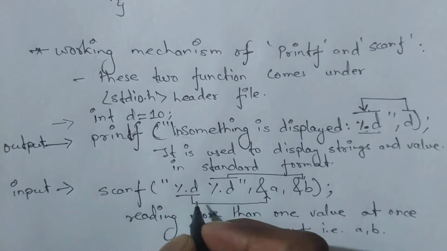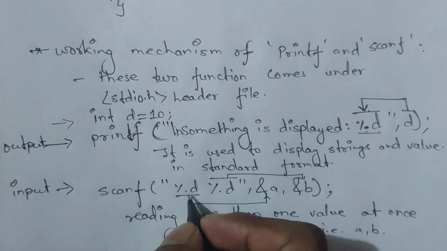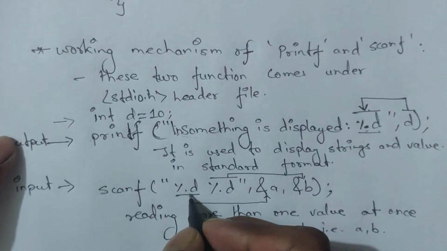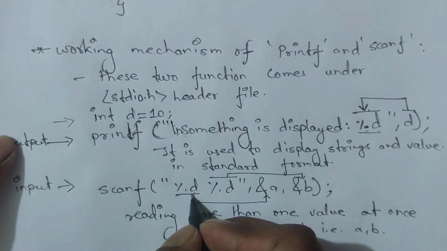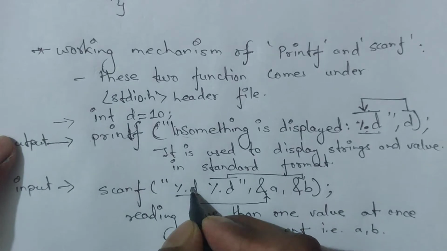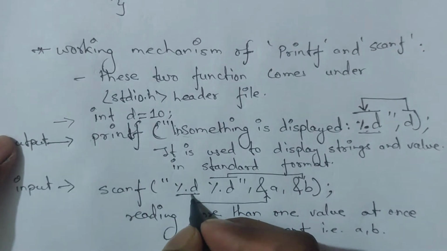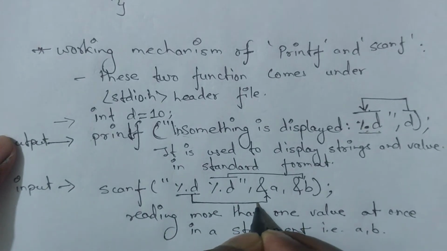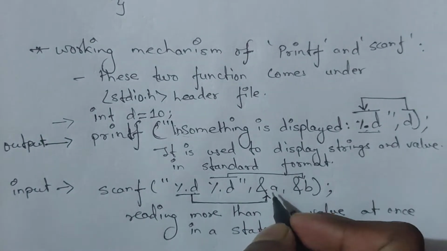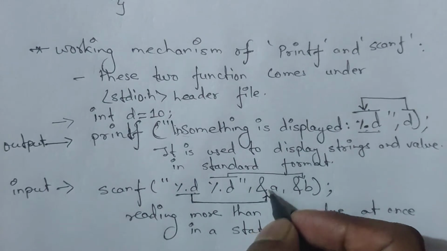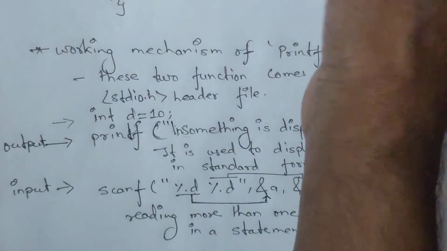Okay, so let's see how %d is reading the value. It is reading an integer value, and after taking input from the keyboard, the integer value goes directly to the address of A. This ampersand is used here, as we already talked about the ampersand symbol.